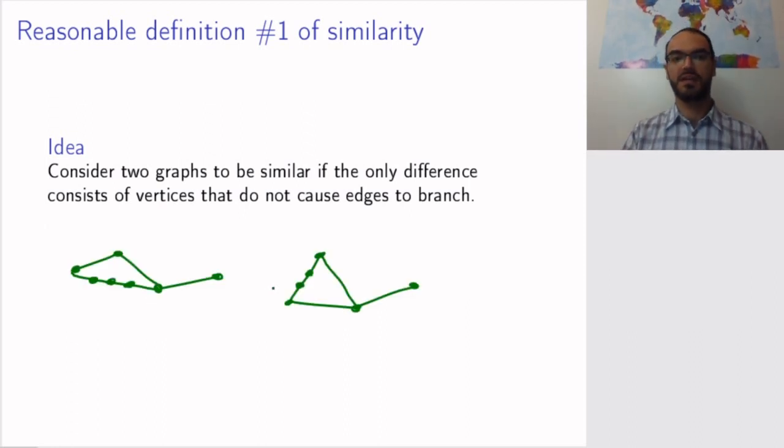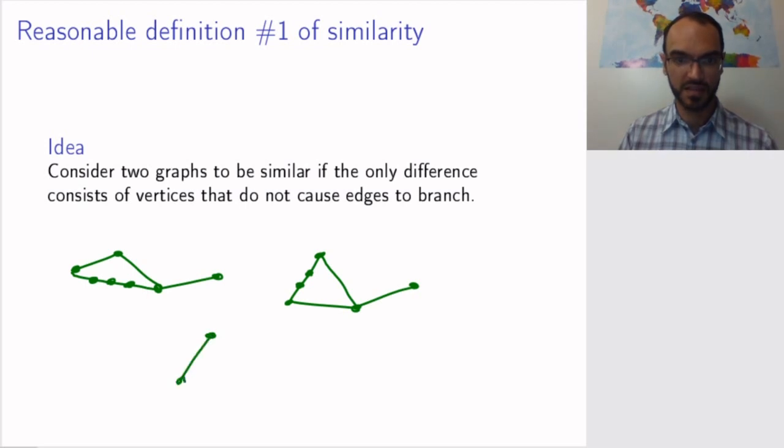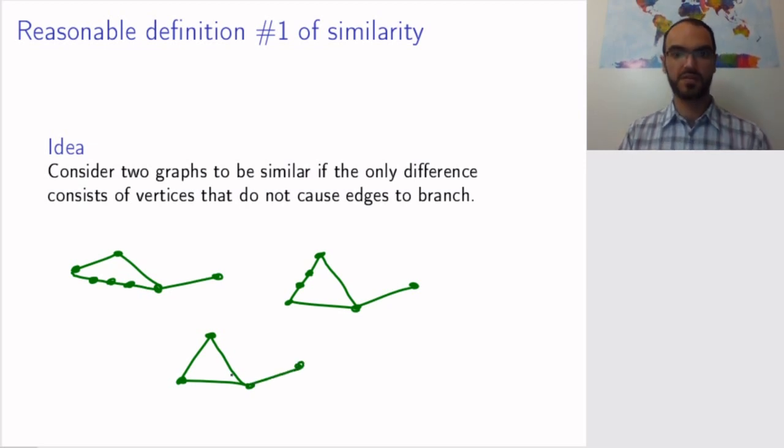So let's look at these graphs. Well, both of these graphs can be obtained from this graph. They're sort of common ancestors, so to speak. In one case, I added extra vertices of degree 2 on this edge, and in the other I added a different number of vertices of degree 2 on the other edge.